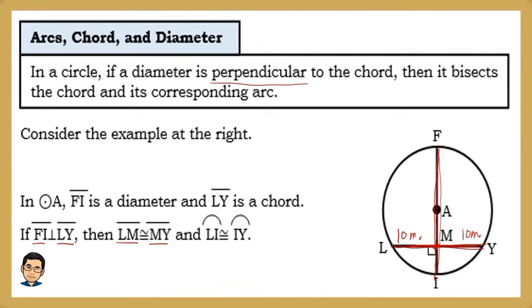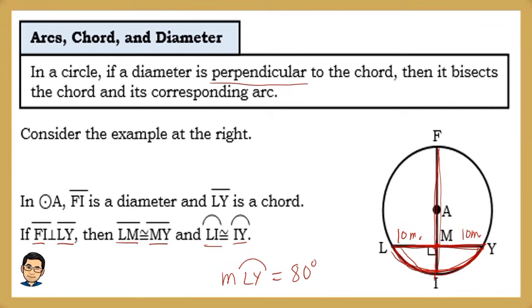Okay? And then, arc LI is congruent to arc IY. So, since nahati yung chord, nahati din po yung arc. So, like for example, itong arc na to, arc LY or arc LIY. So, for example, ang measure ng arc LY ay halimbawa 80 degrees.